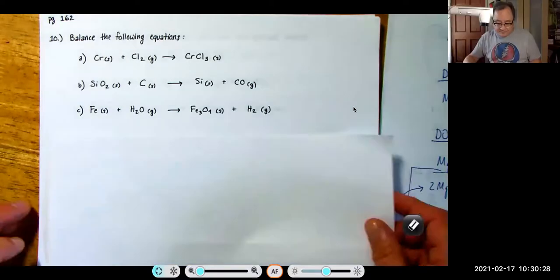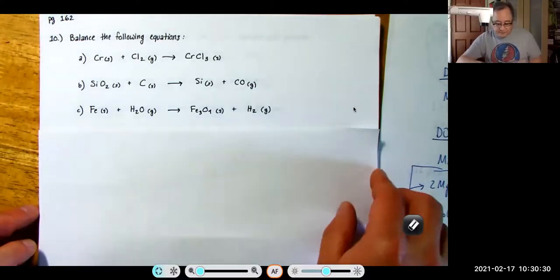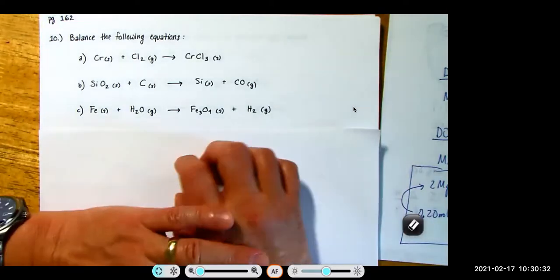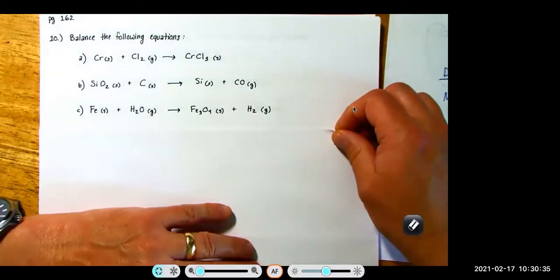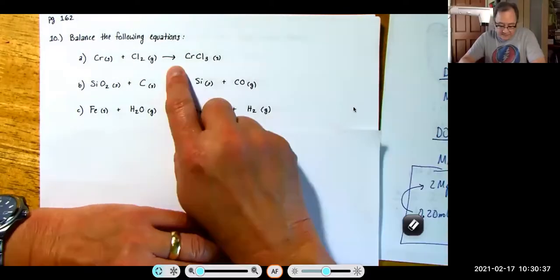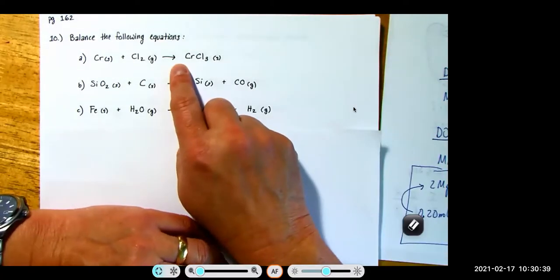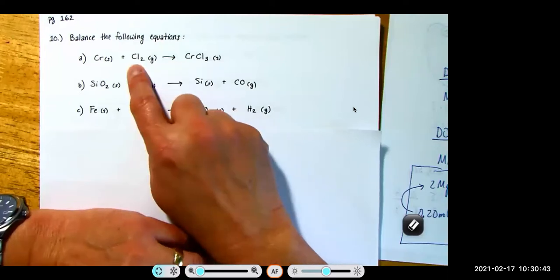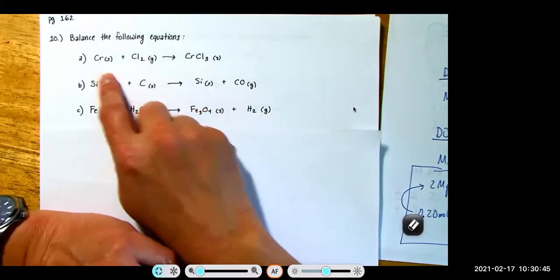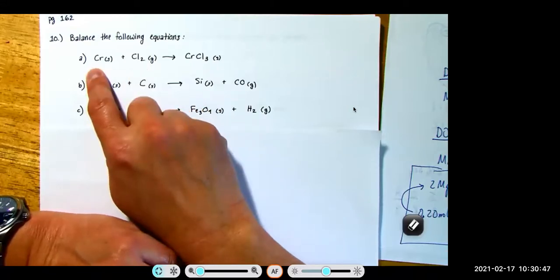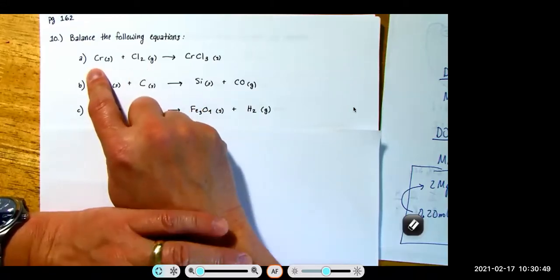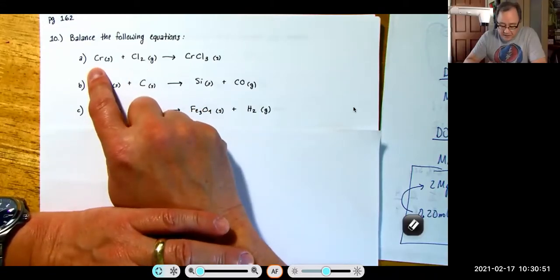Okay, what about this one here? Balance the following. I would put a 2 in front of the products, and a 3 in front of chlorine on the reactants, and then a 2 in front of chromium. Precisely.